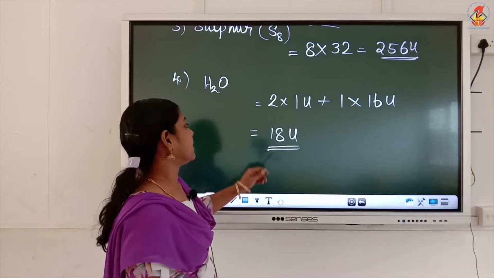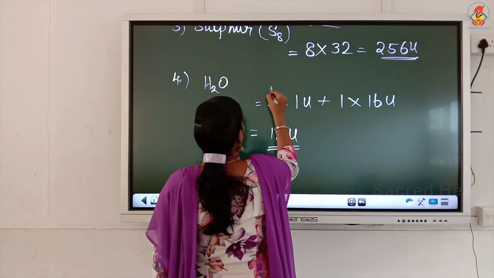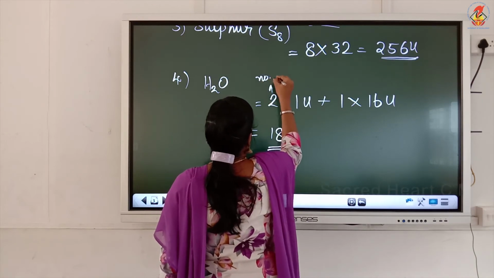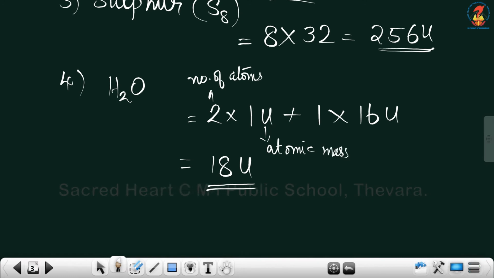Understood? This is the number of atoms, and this is the atomic mass. This is also atomic mass.